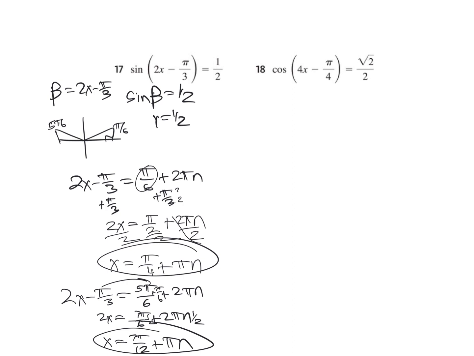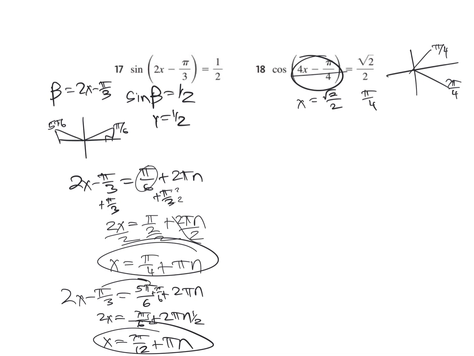18. Again, we'll separate that and we'll just say it's theta. So where does the x value equal square root 2 over 2? That's pi over 4. Remember, those are pi over 4 values, and it's positive, so x is positive in the first and fourth quadrants. So pi over 4 and 7 pi over 4.